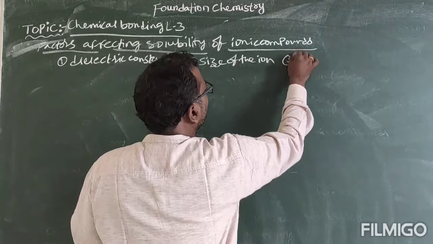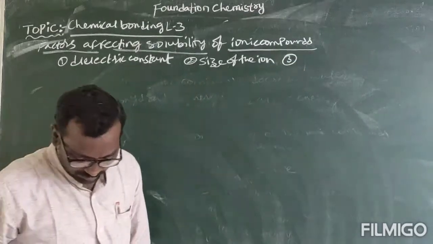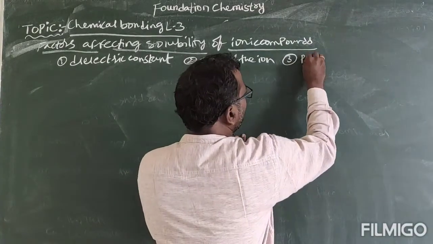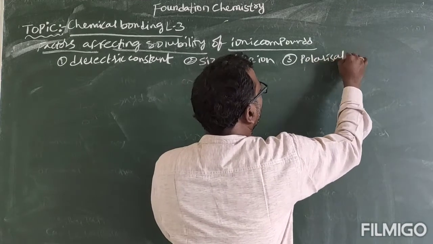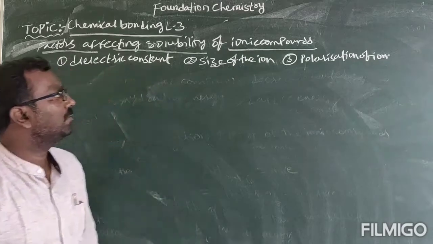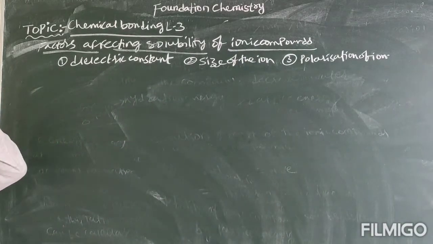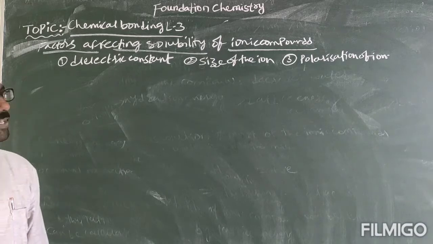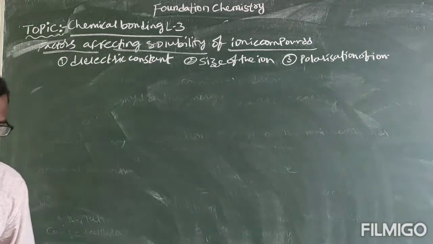And the third one is polarization of the ion. So these are the factors that affect the solubility of ionic compounds: the dielectric constant, size of the ion and polarization of the ion.